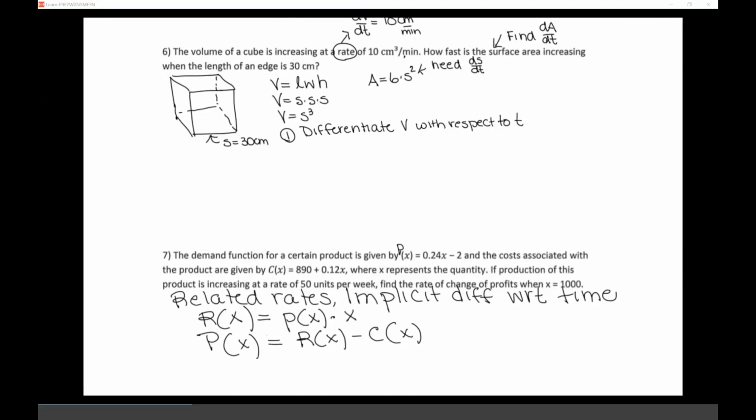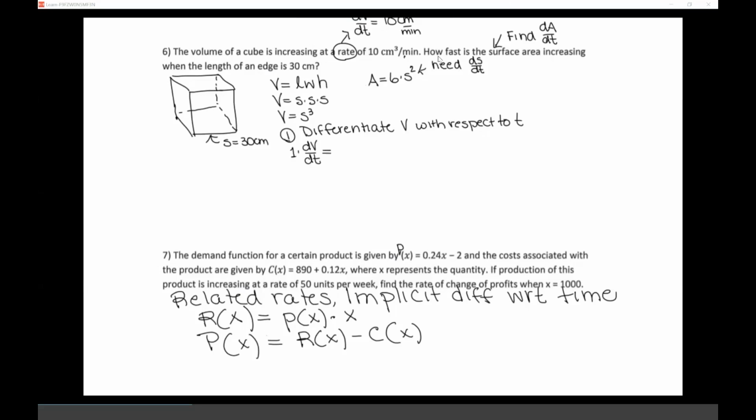So again, volume is a function of time. The derivative of v is 1. And then the derivative of the inside function that I don't know is dv dt. I don't have a function of volume in terms of t, so I just say dv dt. That's using the chain rule.